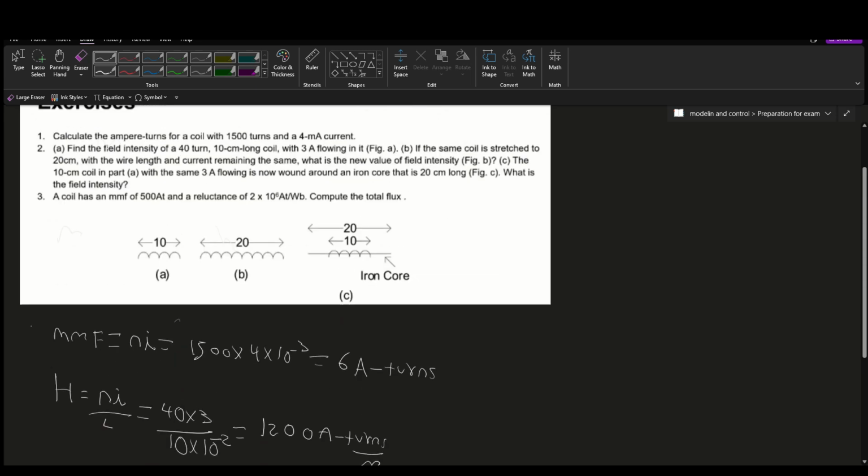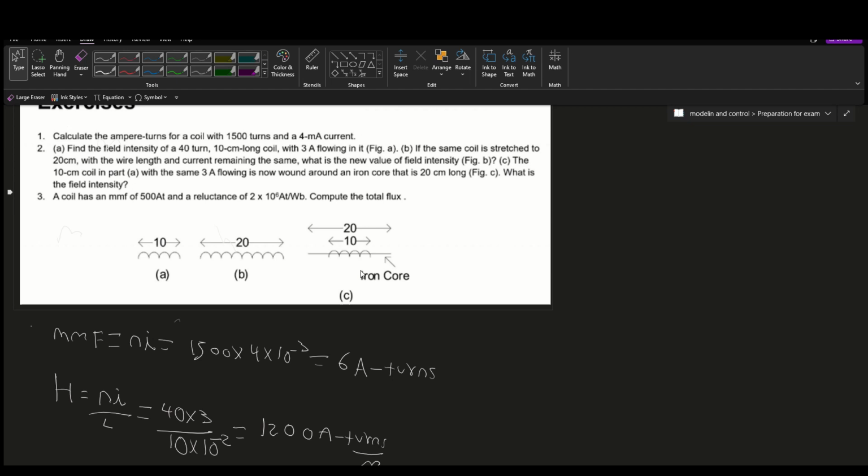Now for part C, it is telling us that if we have the same coil as in A, but we put an iron core of 20 centimeters, what will be the field intensity?